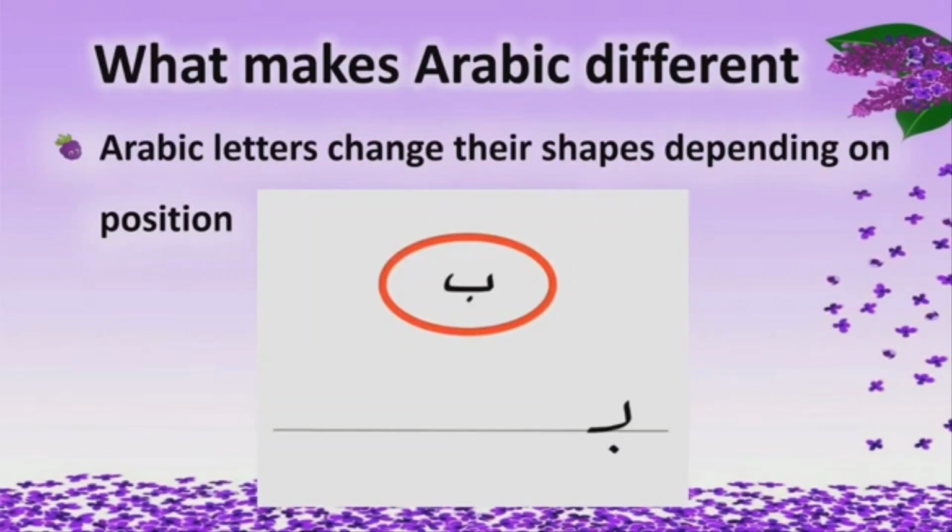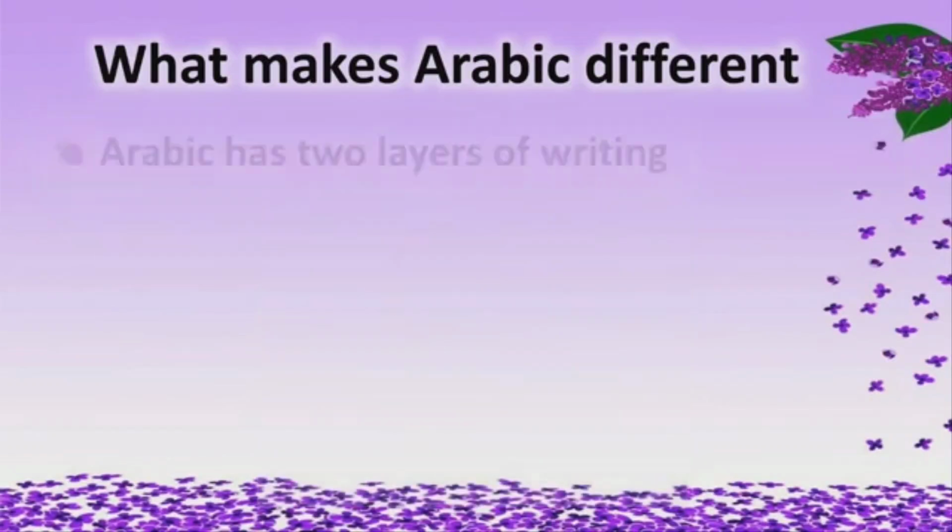When Ba is connected to the preceding letter and the following letter, we write it like this, and we call it the medial shape of Ba. And finally, when it's connected to the preceding letter only, we write it like this, and we call it the final shape of Ba. However, not all letters connect to other letters, but most of them have a special connecting shape for the final position.